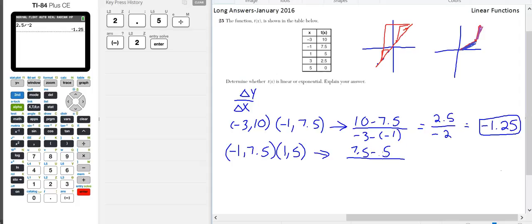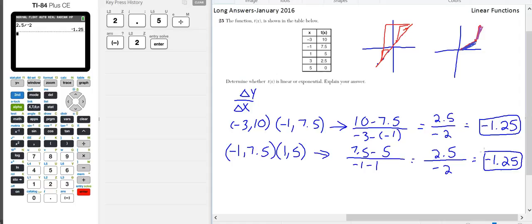Change in our x values is -1 minus our second x value, which is 1. 7.5 minus 5 is 2.5. -1 minus 1 is -2. And if we reduce that on the calculator, it's the same. We can see that our fraction is the same thing as the one above, 2.5 over -2, which is -1.25. So between these points, we have a constant rate of change.